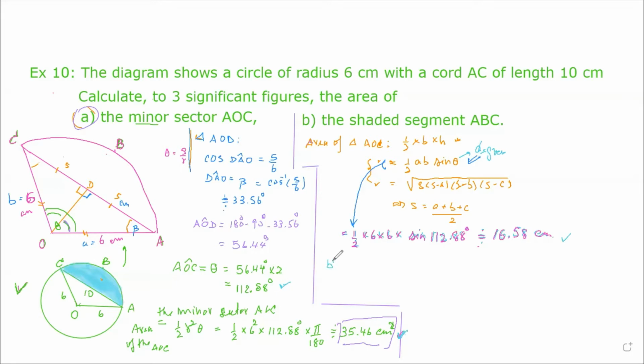So for question B, the shaded segment ABC equals 35.46 minus 16.58, which equals 18 point something, about 18.88 centimeters squared.